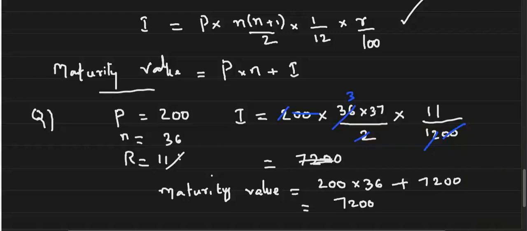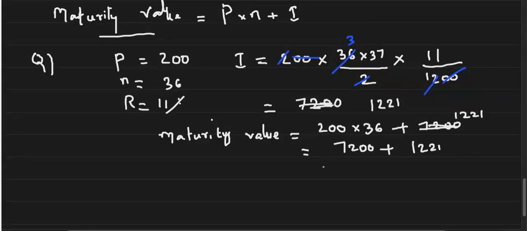If you multiply 37 into 3 into 11, how much is that? You will get 1221, I guess. Yeah, 1221. This is the interest. If you add it, how much will you get? 8,421. So this is the final amount she has got after the maturity period. Got it? Was this clear?